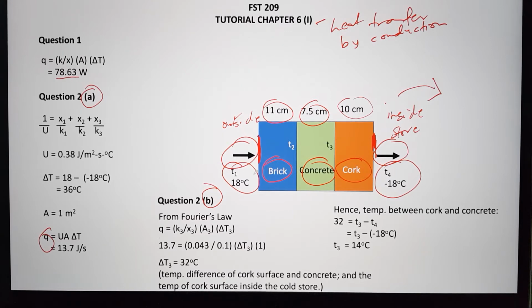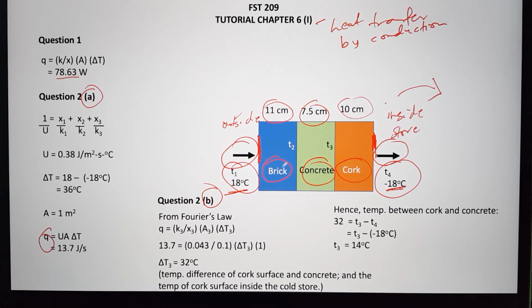Why is that? Because according to the law of energy, heat is transferred from higher temperature to lower temperature. So T1 is at a higher temperature compared to T4, and the heat moves from the hotter region to the colder region.